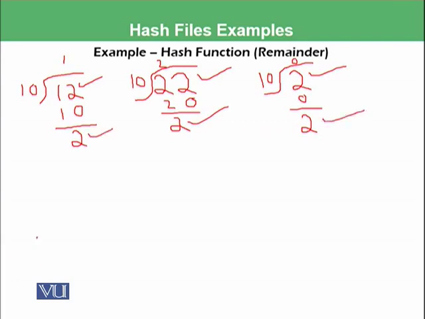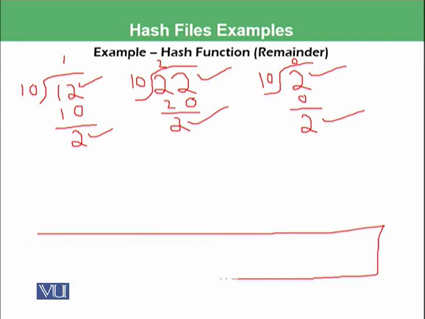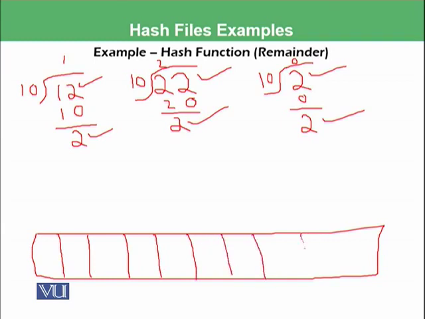So we have multiple buckets, for example 1, 2, 3, 4, 5, 6, 7, 8, 9 and 10 buckets.